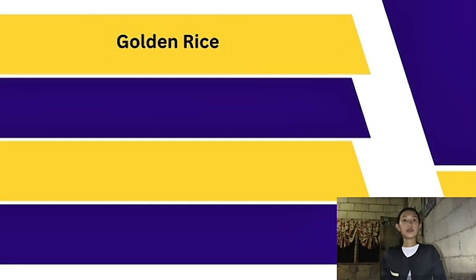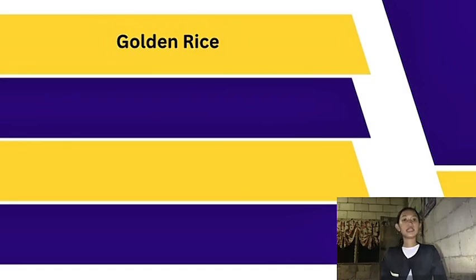The reason why golden rice was created was to address the problem of malnutrition among Filipinos by providing an additional source of vitamin A in the form of a staple food that Filipinos usually consume every day.